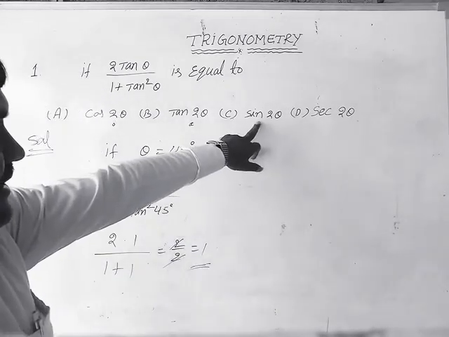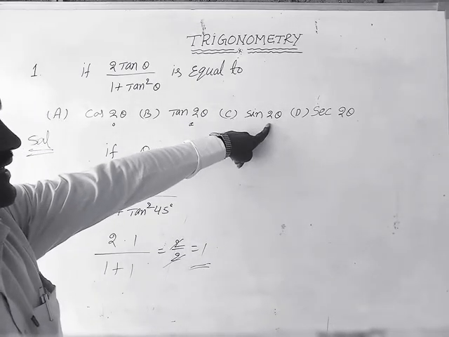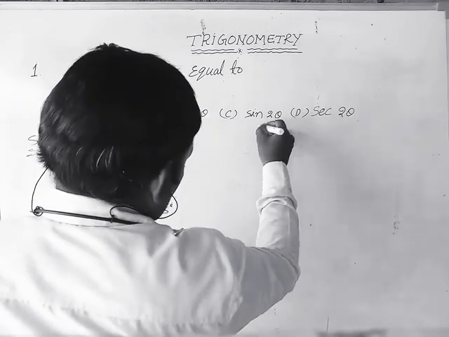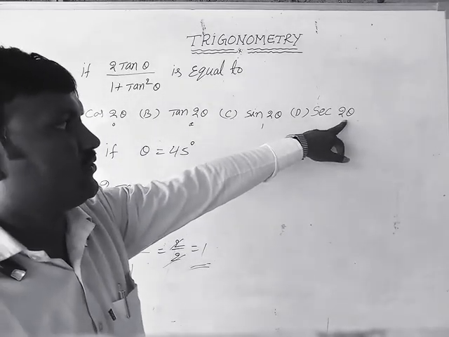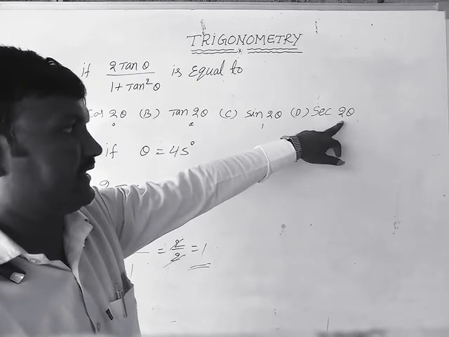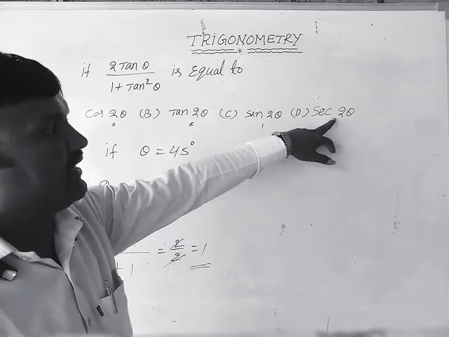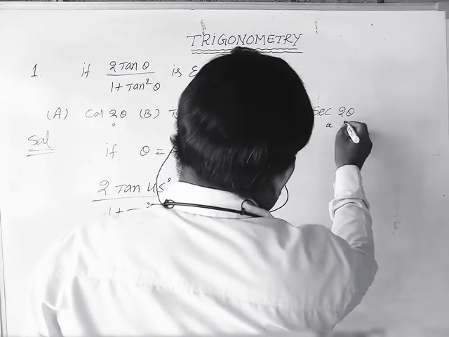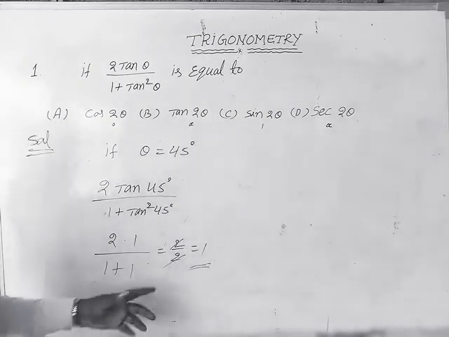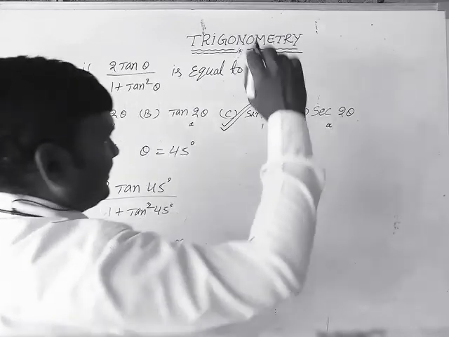Sine 2 into 45, sine 90 degrees, is 1. And secant 2 theta, secant 90 degrees, is infinity. So C is the correct answer.